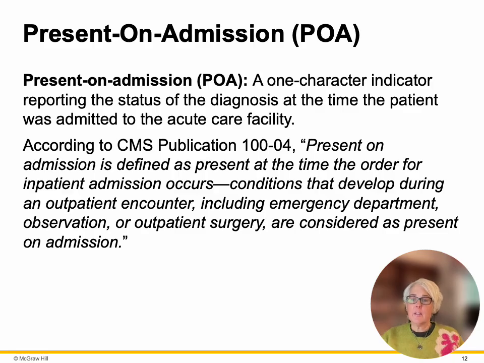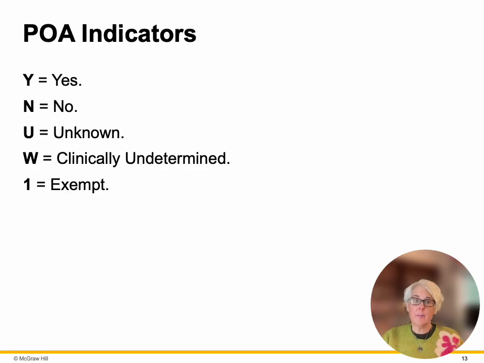If they are still present when the admission order is placed, if the record clearly shows the condition was there before admission, I would mark the POA as yes. If it first appears in the progress notes or test results after admission, I consider it not a POA unless the provider explains that it actually started earlier. The timing matters, and sometimes I need to query the provider if the record is unclear.